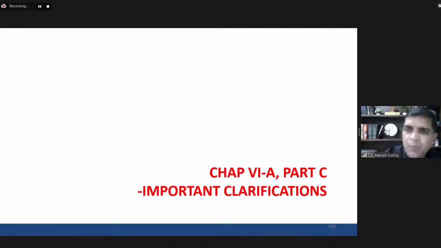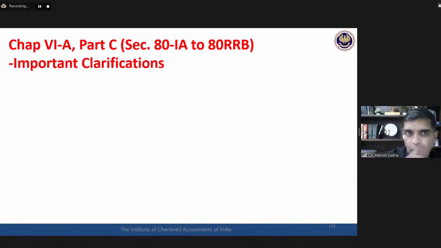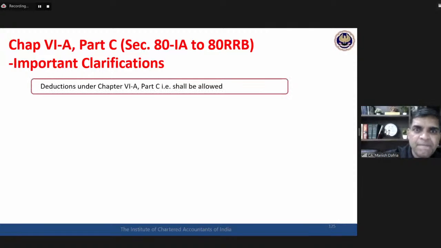These clarifications are given in the earlier part of the chapter, sections 80A, 80AB, 80AC, etc. Deliberately, I have deferred this discussion. First, it is good to generate clarity about what these deductions are. Then these related incidental provisions we can understand in a better manner.